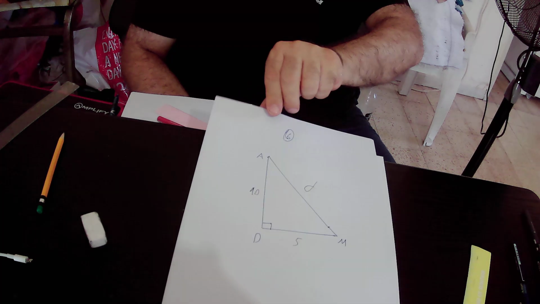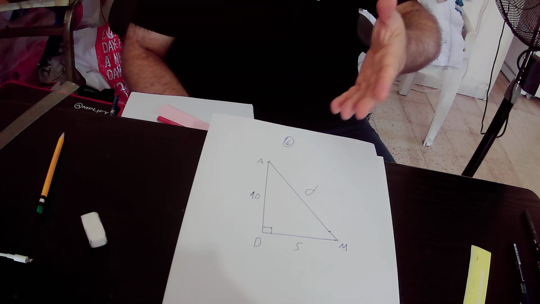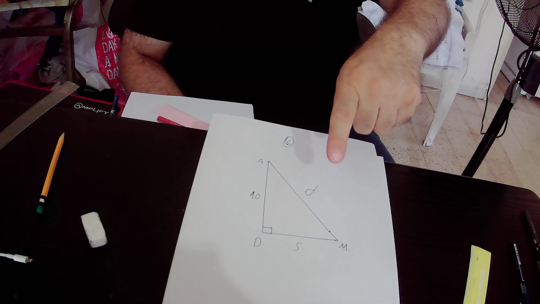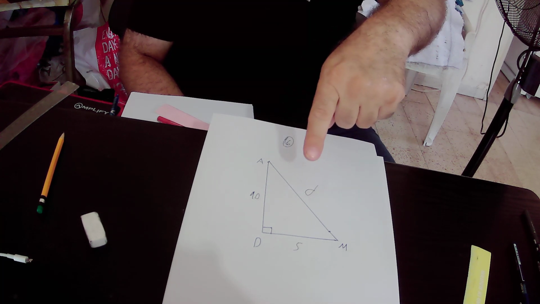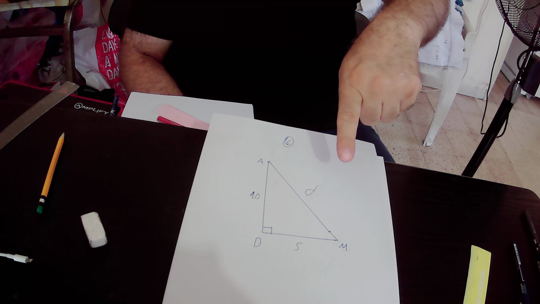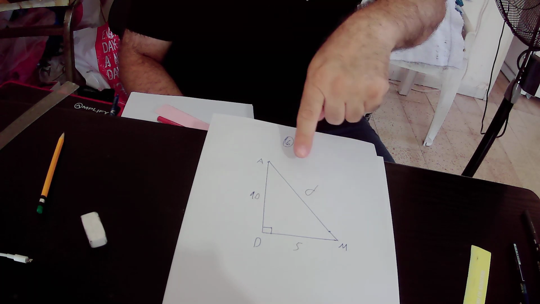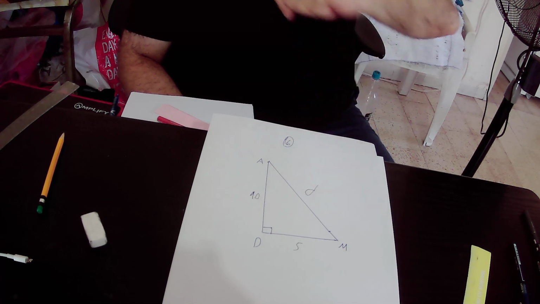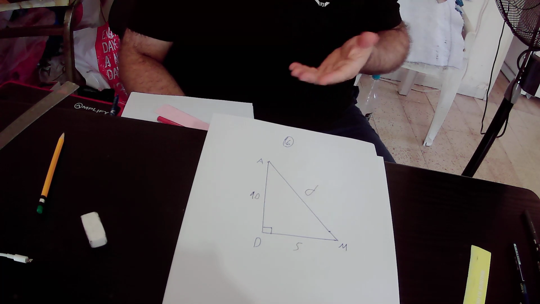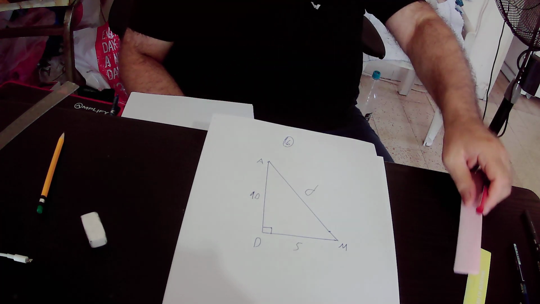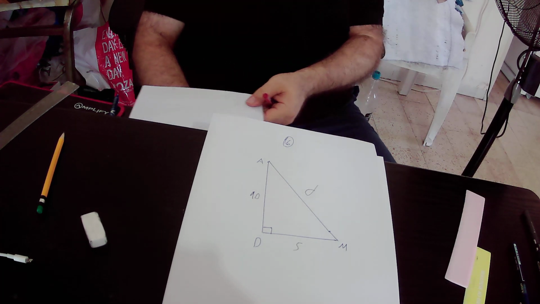Okay, we have here a right triangle. We know the size of two sides of this right triangle. The only missing thing is the size of the hypotenuse. So we can find out the size of the hypotenuse by using the Pythagorean theorem.